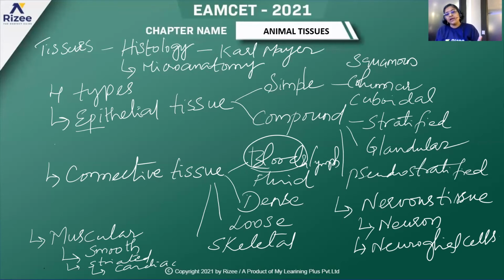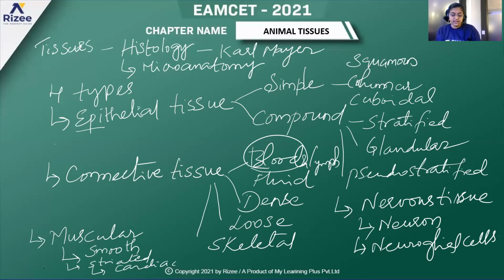The second one is the connective tissue, which helps in the transport of substances, especially fluids, from one organ to the other and within the body of an animal. This can be studied as fluid connective tissue, loose connective tissues, dense connective tissues, and skeletal connective tissues.